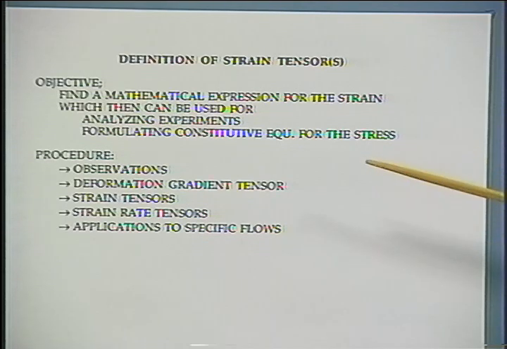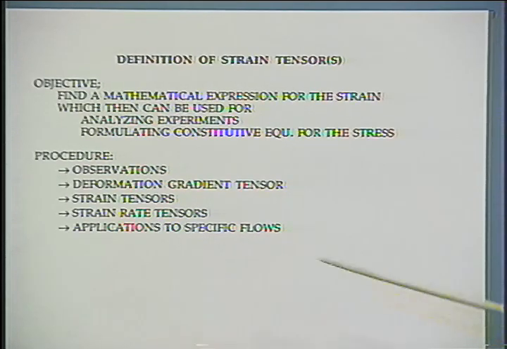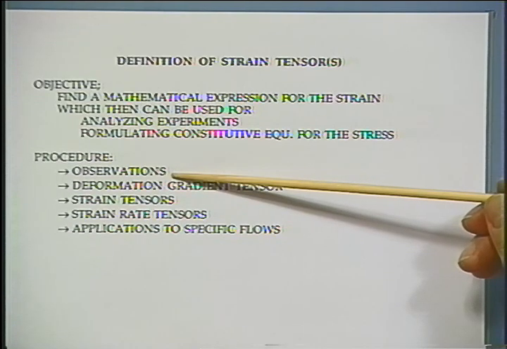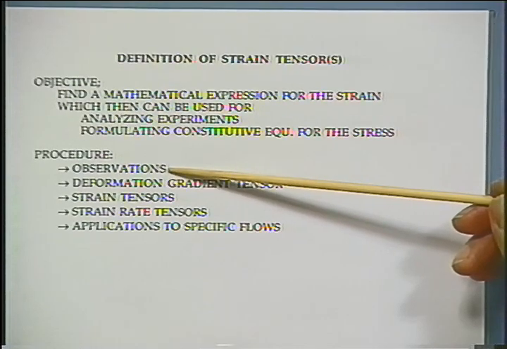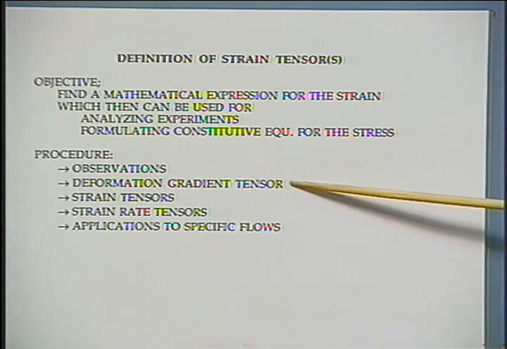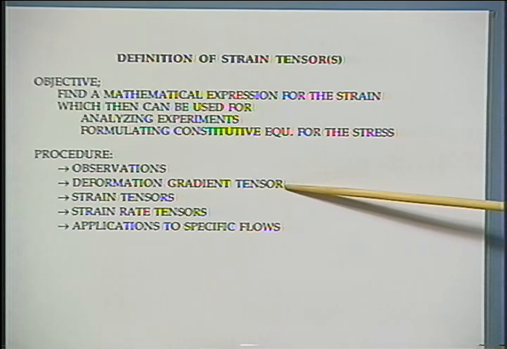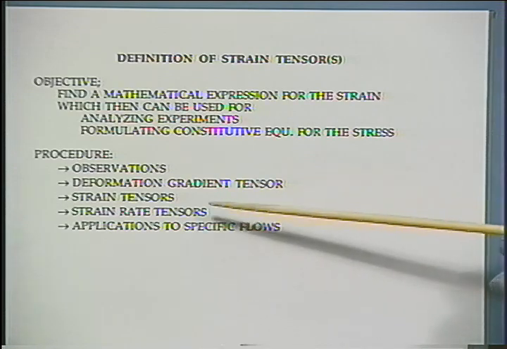Now, how can we capture a deformation mathematically? How do we do that? Let's start out with a few observations which make it easy for you to define strain tensors. So you basically could do that yourself after having seen those. And then we will talk about the so-called deformation gradient tensor, which comes naturally, but I won't say more about that.